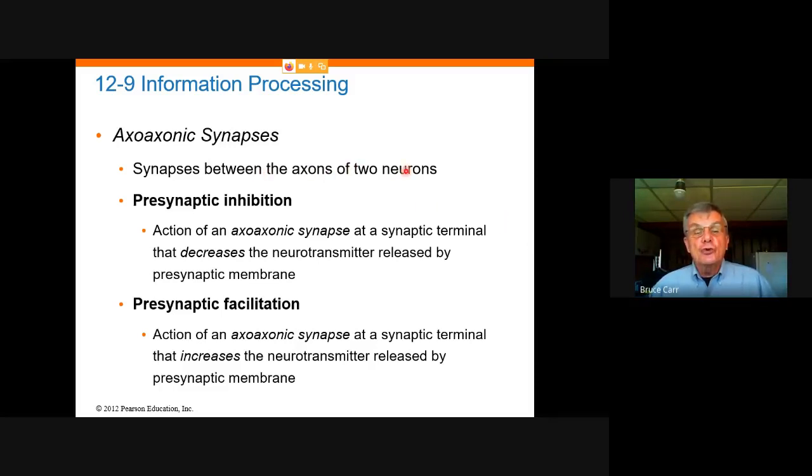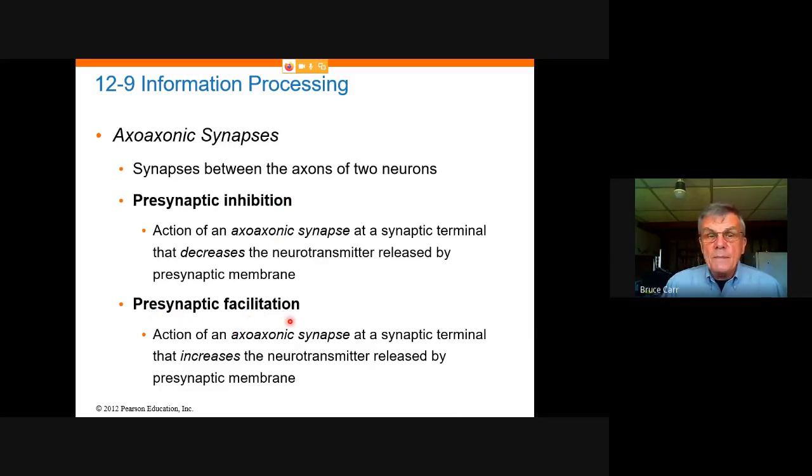Synapses between the axons of two neurons can be affected by a third neuron that has a separate synapse on the presynaptic membrane. So although the main track may produce a straight line stimulation, this third axon can deliver a signal, either electrical or chemical, that will either inhibit the firing of that synapse or amplify the firing.